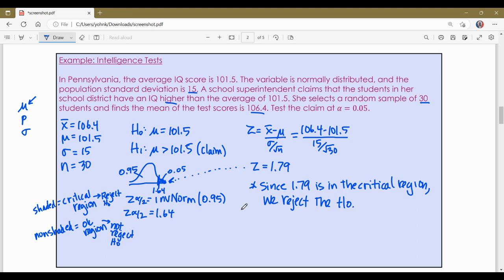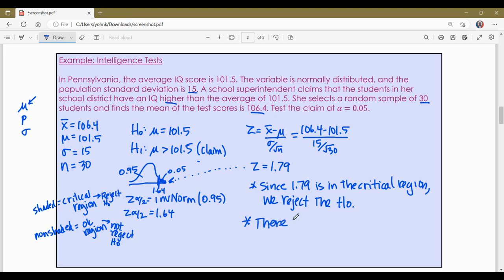Okay, now, since we are rejecting the null hypothesis, we need to look at our claim and see that since we are rejecting the null hypothesis, that means the evidence that we found being greater is going to support the claim that the test scores are higher, or that the IQ is higher than 101.5.